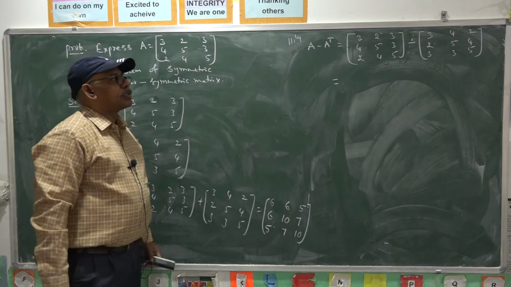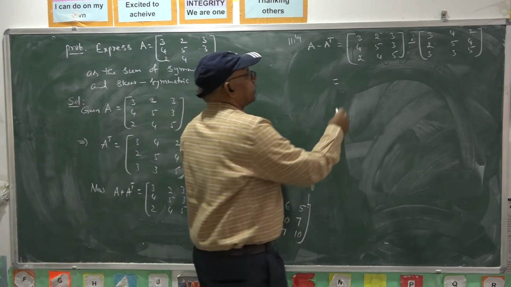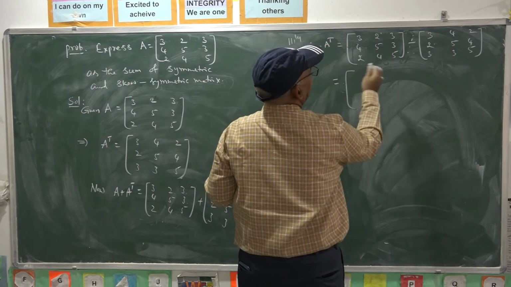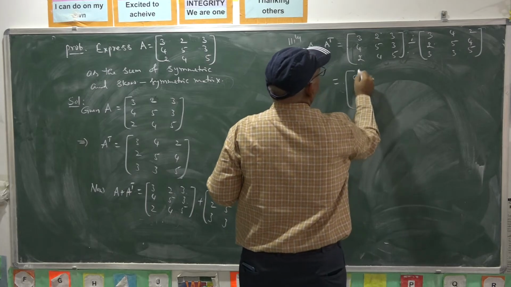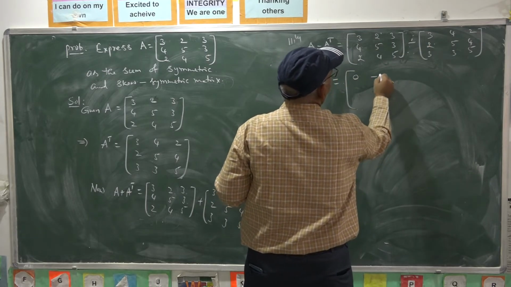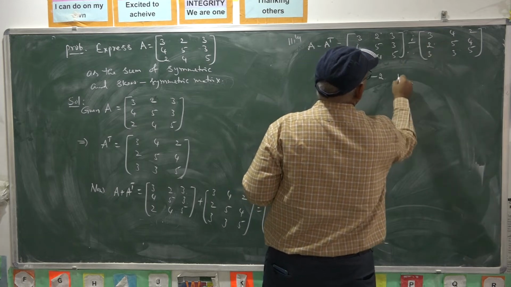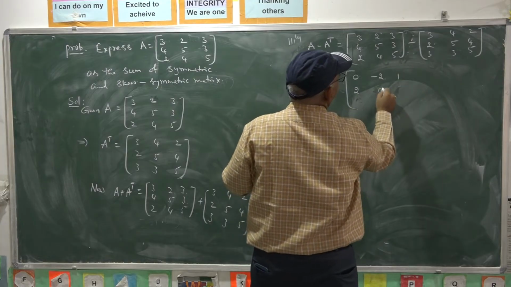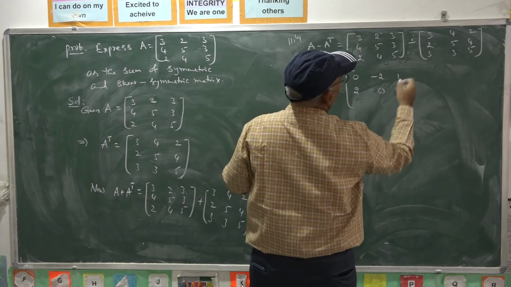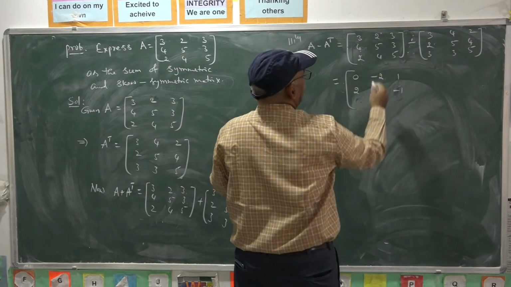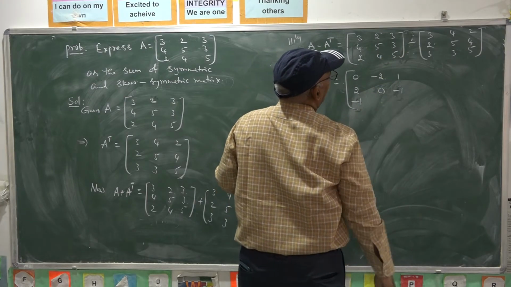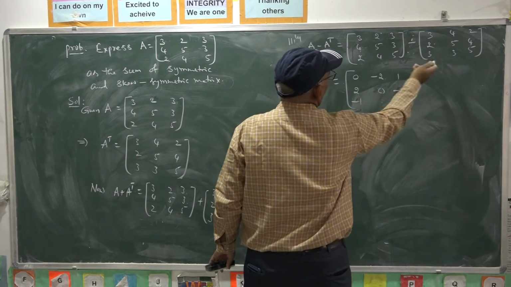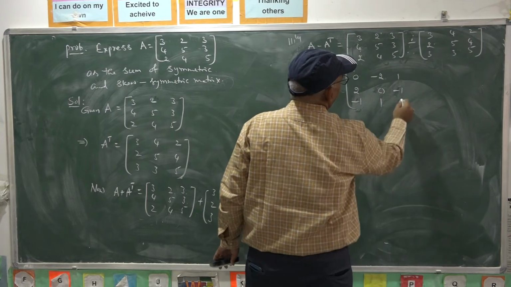Now we take the subtraction of corresponding elements from A and A transpose. 3 minus 3 is 0. 2 minus 4 is minus 2. 3 minus 2 is 1. And 4 minus 2 is 2. 5 minus 5 is 0. 3 minus 4 is minus 1. And 2 minus 3 is minus 1. 4 minus 3 is 1. 5 minus 5 is 0.